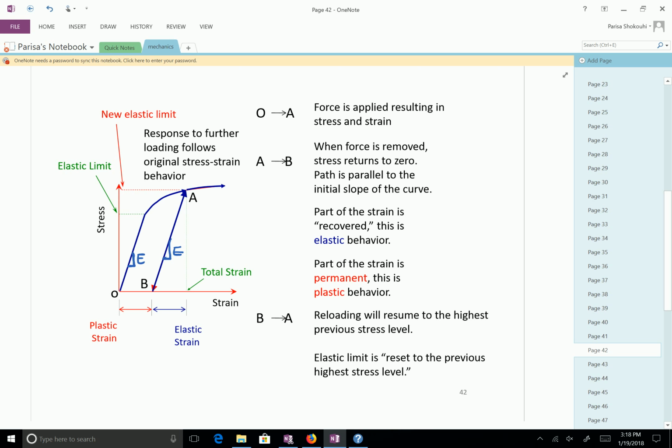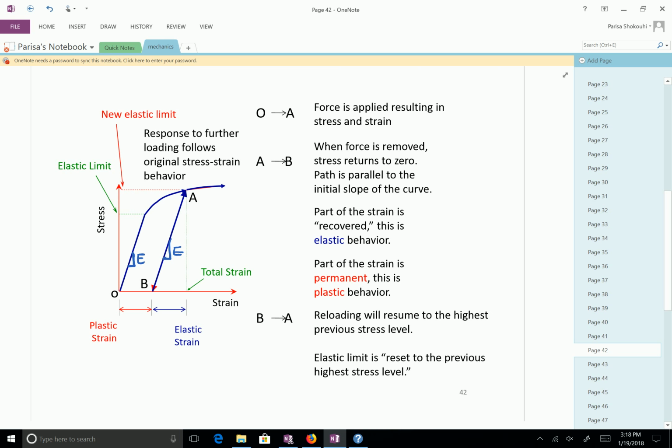Now, the interesting thing is, if you load again, it's going to go all the way linear elastic until A. It is as if you have elevated the elastic limit. You have hardened the material. It goes higher here, so you have changed the elastic limit.